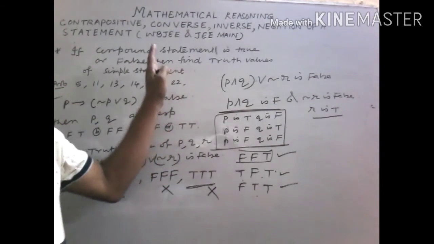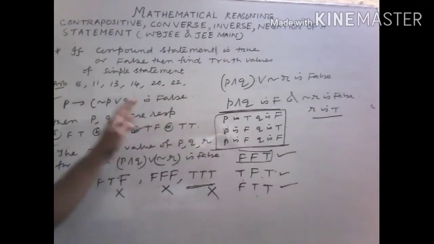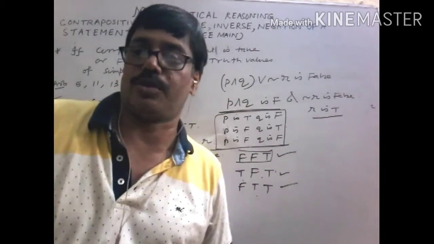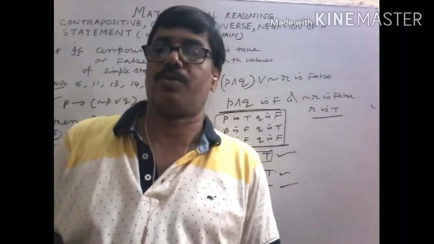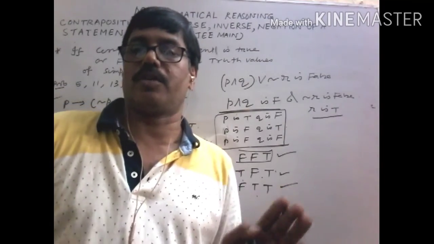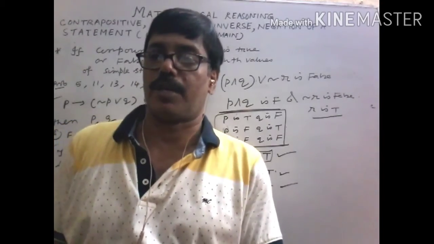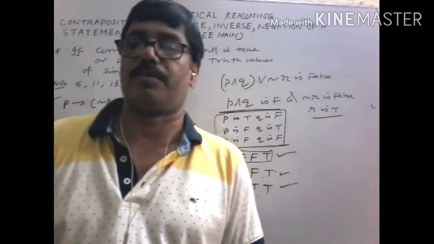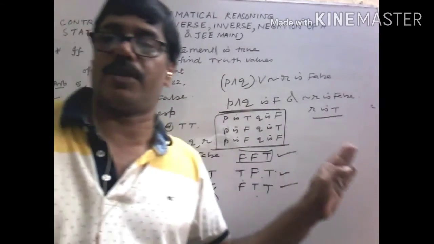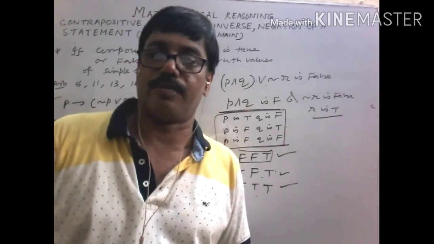So if the compound statement is true or false, then we can find the simple statements PQR by knowing the idea of the truth table. Today we discussed four types of problems: how to find the converse, inverse, contrapositive of a statement, how to find the negation of a statement, and these last problems, where a compound statement is given and we find the simple components PQR.